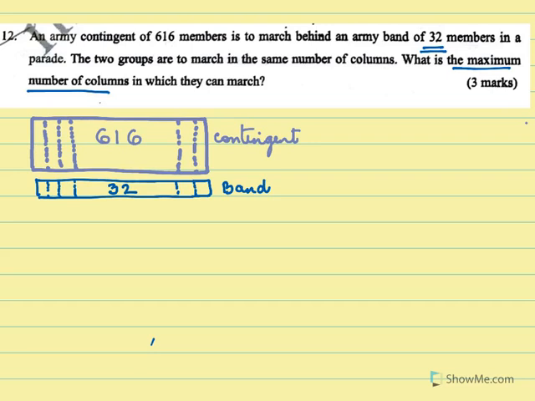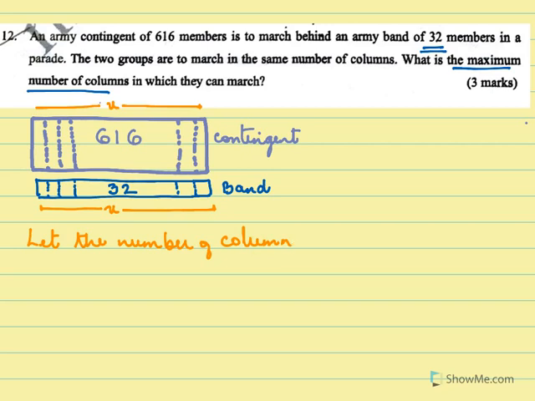So let the number of columns be x. There are x columns here in the contingent, and there will also be x columns in the band. So they all stand one behind the other. Let the number of columns be x.